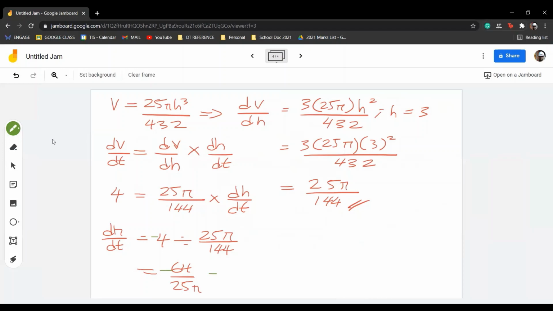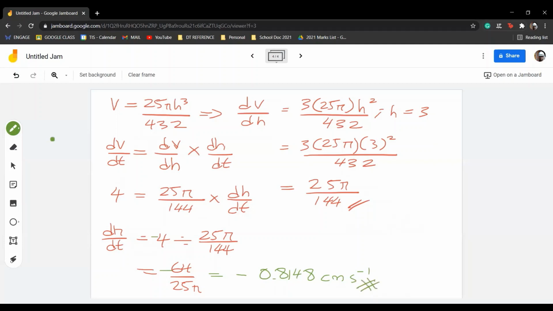When you put in the value of pi, you have negative 0.8148 centimeter per second. So this is our rate of change. Why? Because the height is dropping by this rate per second for the cone.